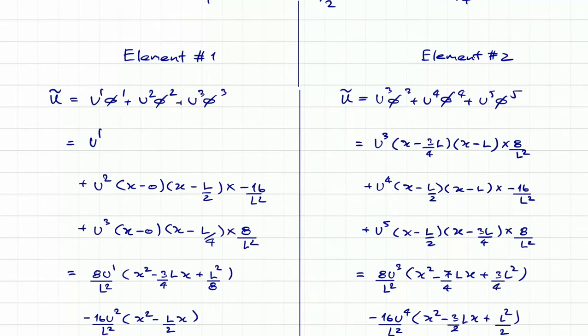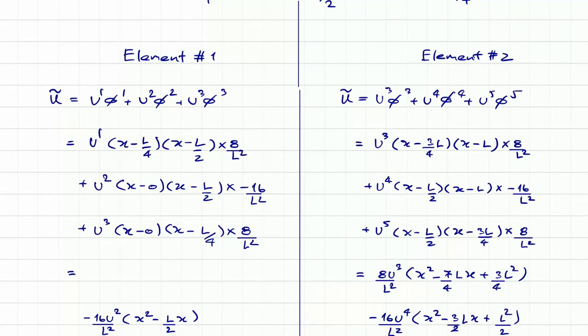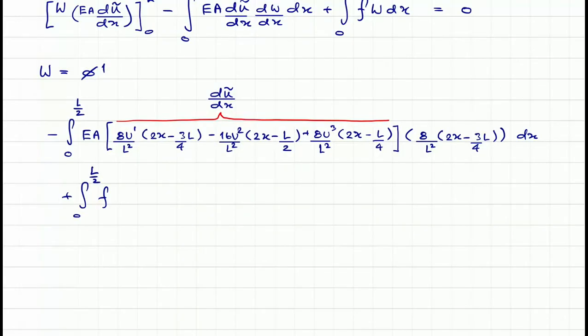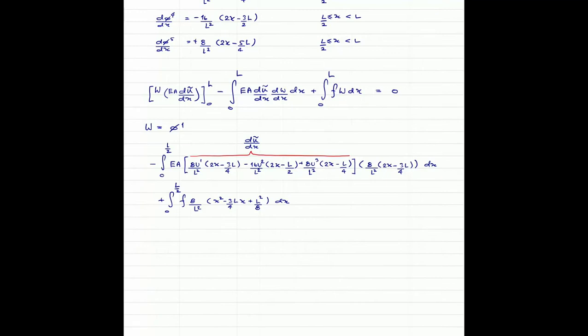Oh no, this one. Now we get the W. We just need to remove the U1. That's it. We get the W dx equal to 0.